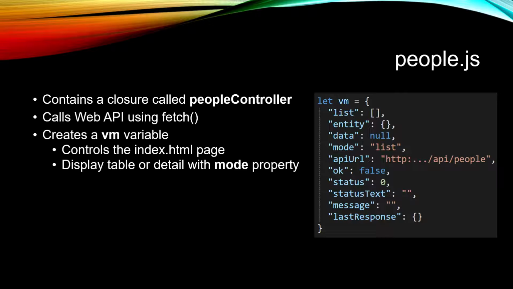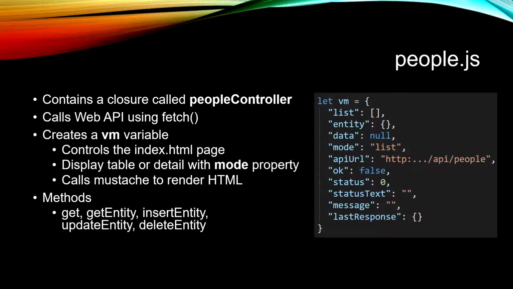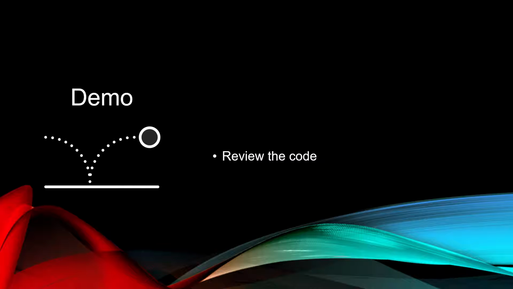So the mode property would be set to list or edit, for example, or add. It calls Mustache to render the HTML. It has methods such as getEntity, insertEntity, updateEntity, and deleteEntity, as well as buildList, that's the one that calls Mustache, processResponseObject, and things like that. So let's take a look at the code now in the people.js and the common.js.